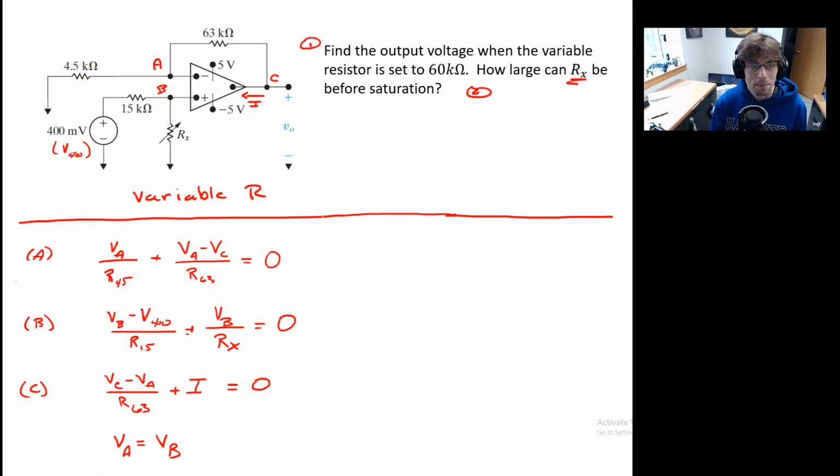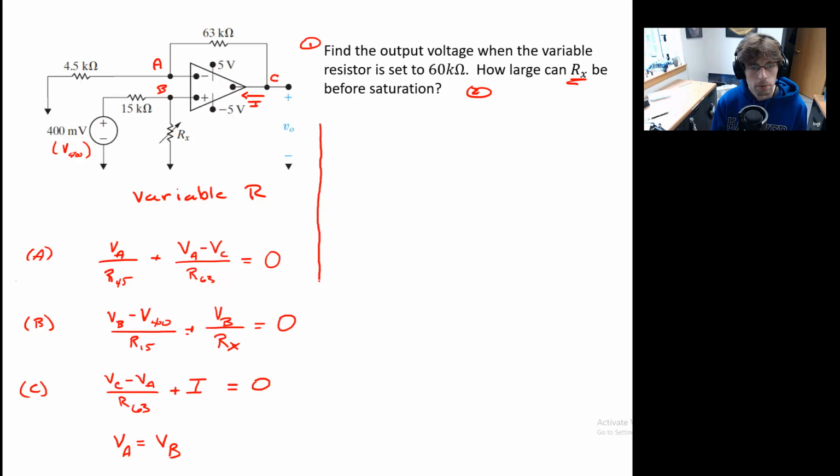Now, like I said, I'm going to go ahead and solve these in terms of variables, just so that we can get an idea about what this op amp will be doing. So in particular, you notice the second equation that I've written, we can actually solve that for VB straight away. Okay? So let's do that.